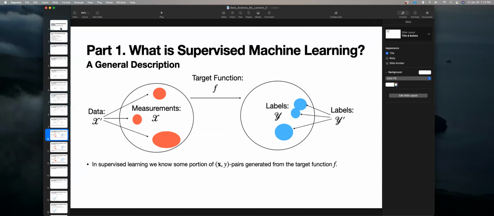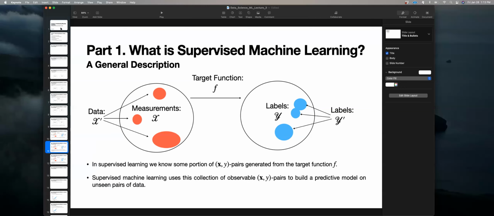And this is an important point of supervised learning, that we have access to some of these pairs, meaning that we have measurements, some subset of measurements shown here in red. And then for each of those measurements, we happen to know the corresponding label for those measurements that has been assigned by the target function.